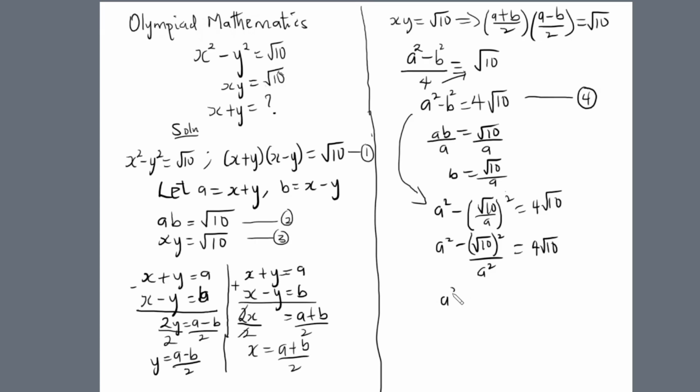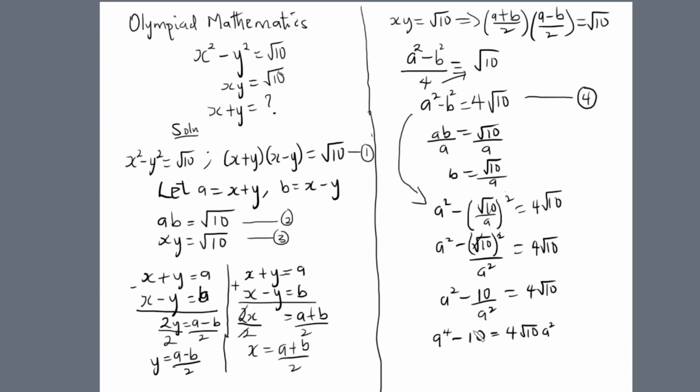The square is going to cancel out the square root, so we have 10 over a squared equals 4 root 10. Now I'm going to multiply through with a squared just to cancel this denominator, and then this will be a to the power of 4 minus 10, cancelling out, equals 4 root 10 a squared.